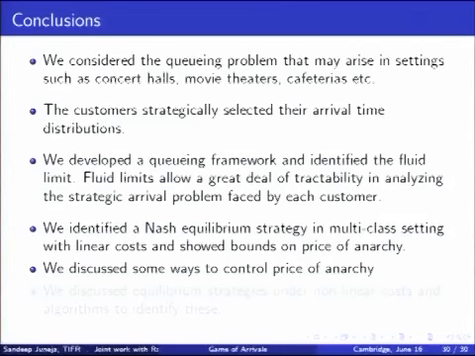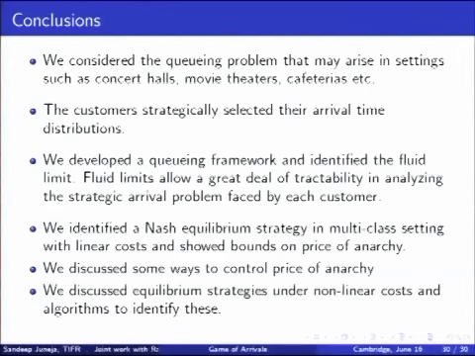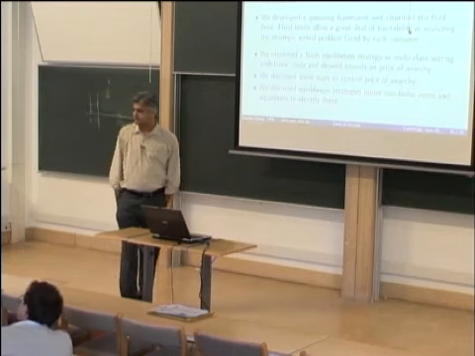I should also add that if the number of classes is not finite but infinite, the analysis is straightforward. One can still get expressions, and even then we can bound the price of anarchy. We discussed some ways of controlling the price of anarchy, and then briefly the nonlinear cost case. Thank you.